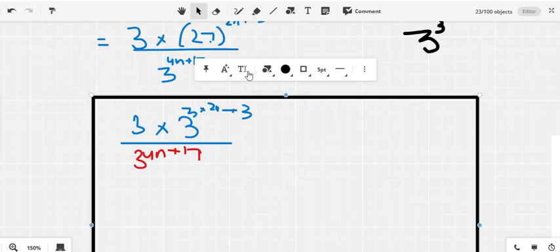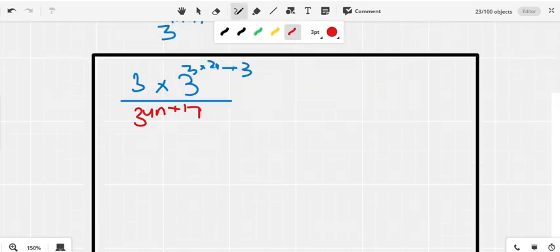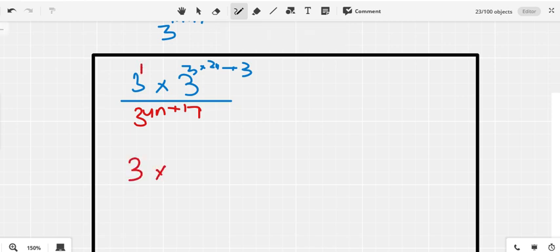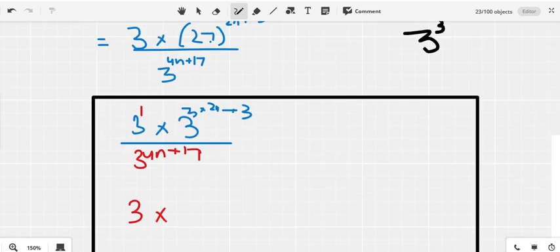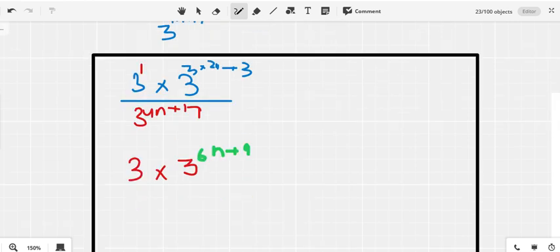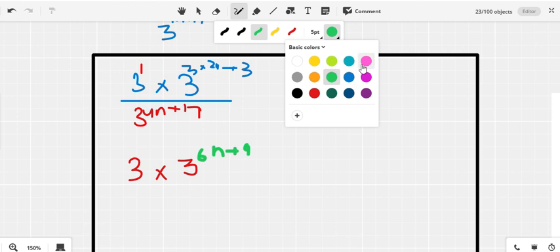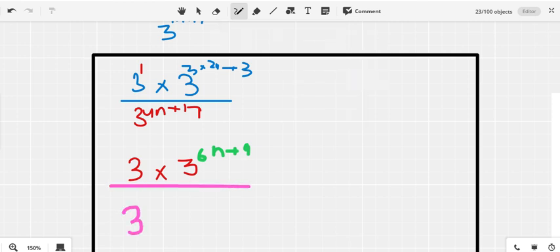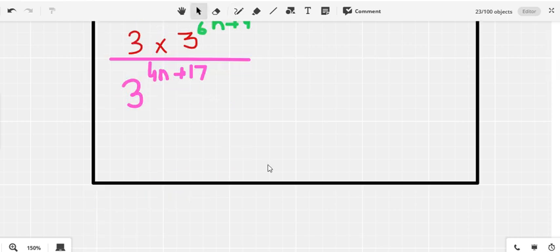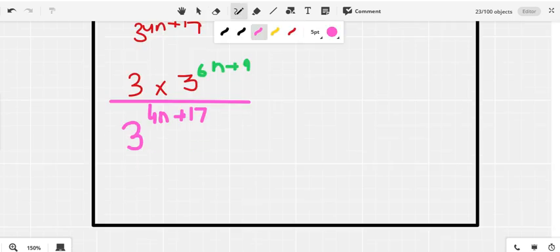Okay, so now what we will do, bases are same, so we can add power. This power is 1. Before going on to do that, I will just multiply the 3 with 2n plus 3. 3 times 2 is 6, so 3 power is 6n plus 3 times 3 is 9, and then over 3 to the power of 4n plus 17, and that's equals to, we can write now this power is 1, bases are same, we can add the power.